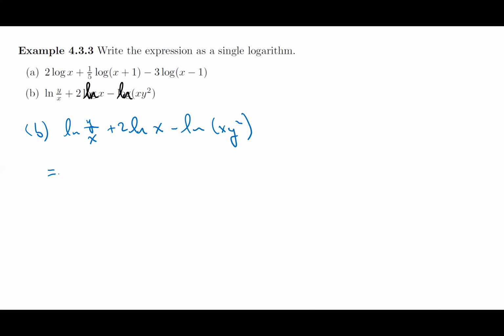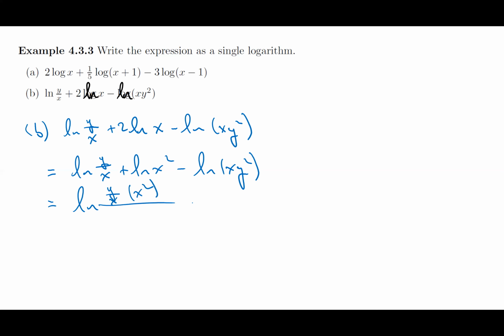Okay. So we've got natural log y over x plus natural log x squared minus natural log xy squared, which equals, and then I've got a product because I'm summing. So y over x times x squared, and then my denominator will be x y squared. Okay.